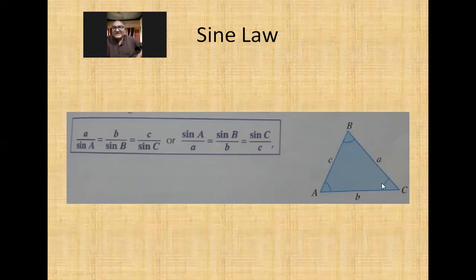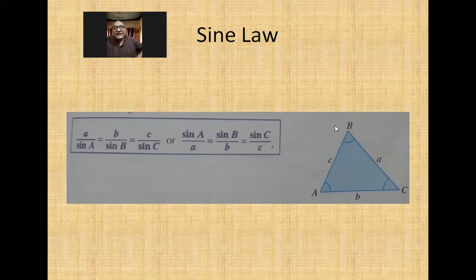If you know this side and the angle opposite to it, then you can write this law as: side A divided by the sine of the angle which is opposite, sine A. Similarly, B, this side, divided by the sine of the angle opposite to it, sine B. The value of this ratio will be equal to the value of this ratio.